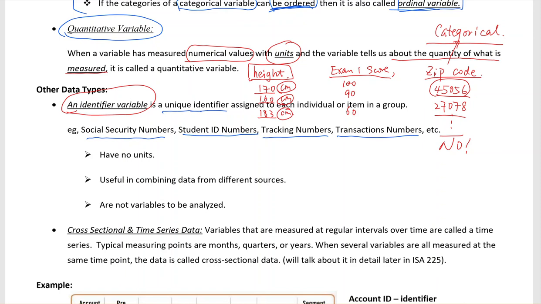Okay, so these kinds of variables have no units, but they are useful in combining data from different sources. Right? Okay, and they are not variables to be analyzed. Not variables to be analyzed.